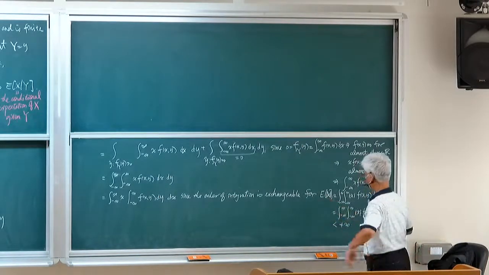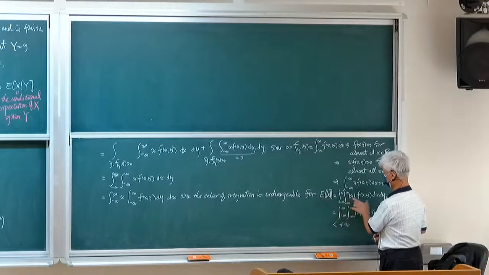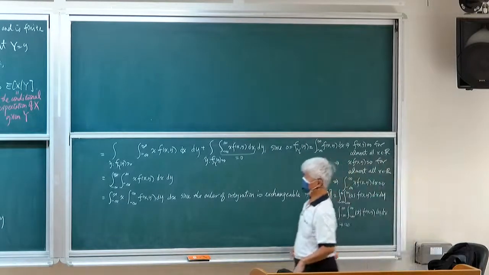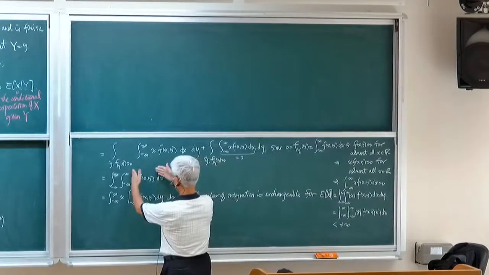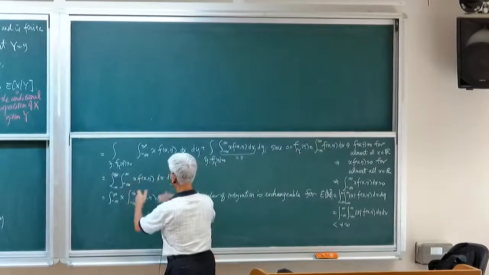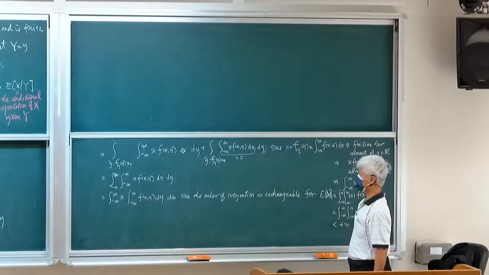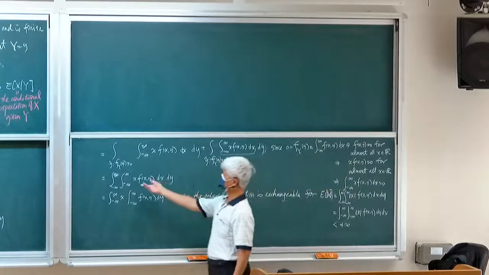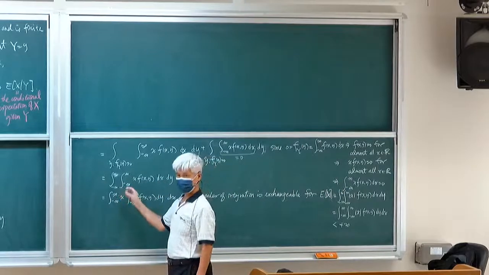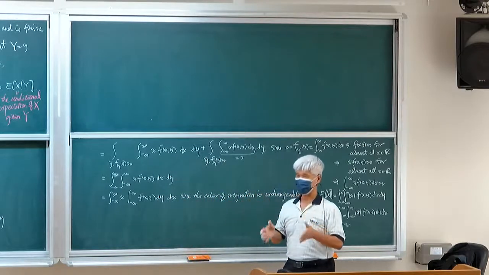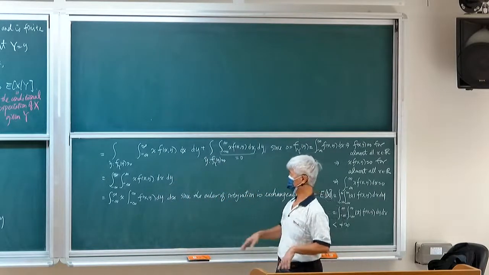Okay. But this expectation is actually here. So that means that when we take the absolute value of the integrand, the integral is always finite. In this case, then the order of integration is exchangeable. Okay, so that means the absolute integrability implies the integrability.